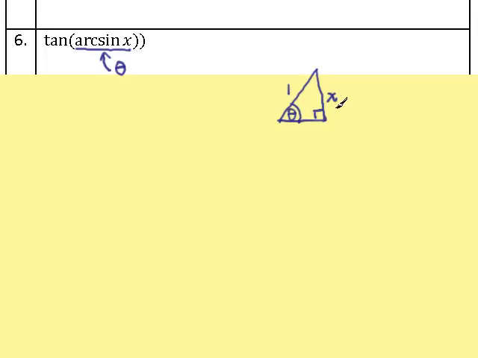We want to know the tangent of this angle. So the tangent would be opposite over adjacent. So let's figure out the adjacent. Using the Pythagorean theorem, the adjacent is the square root of 1 squared minus x squared. So the tangent of this angle is opposite over adjacent, x over the square root of 1 minus x squared.